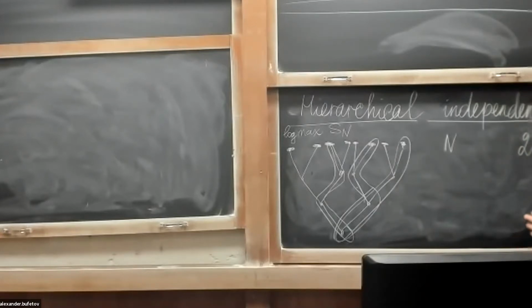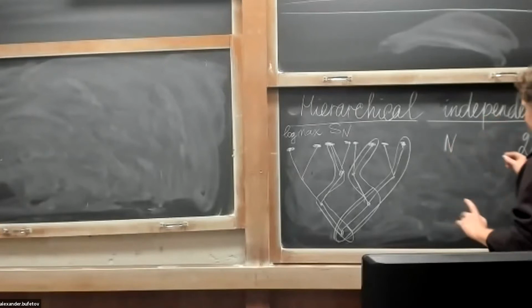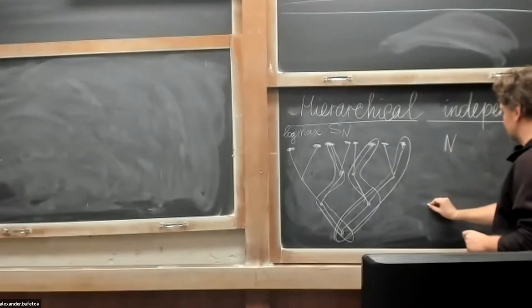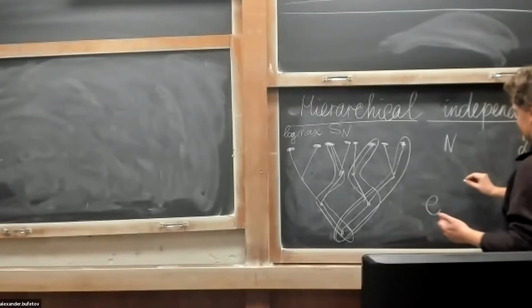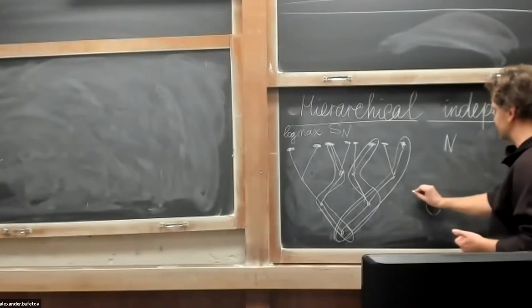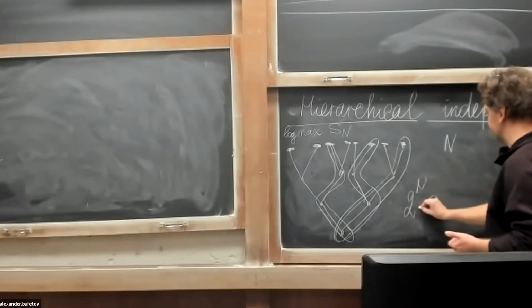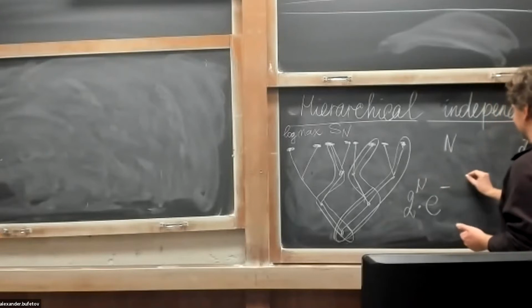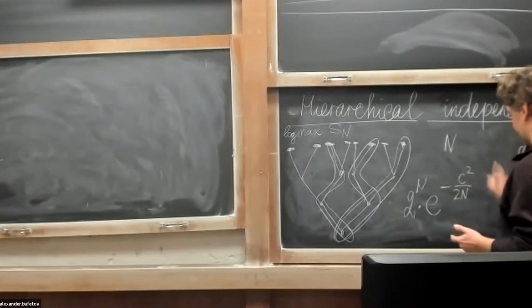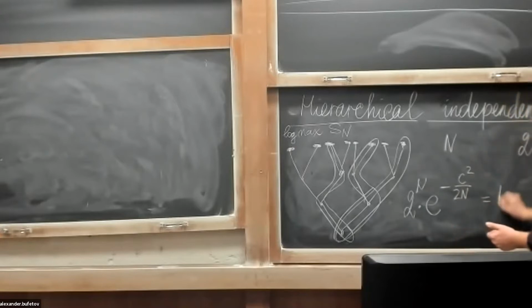So we have to solve the equation 2 to the power n times e to the minus c squared n over 2n equal to 1.